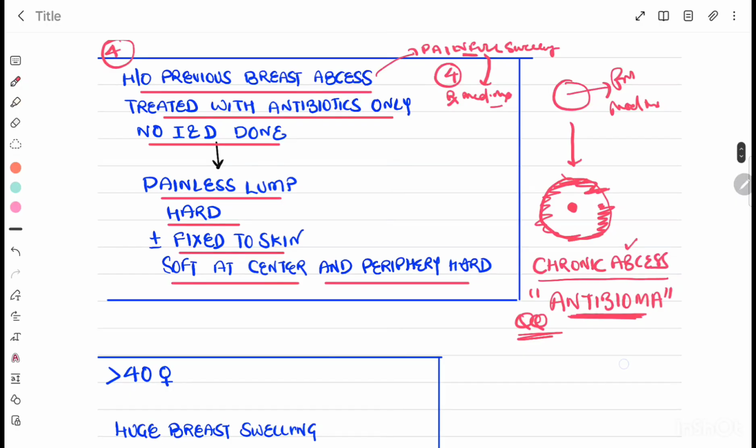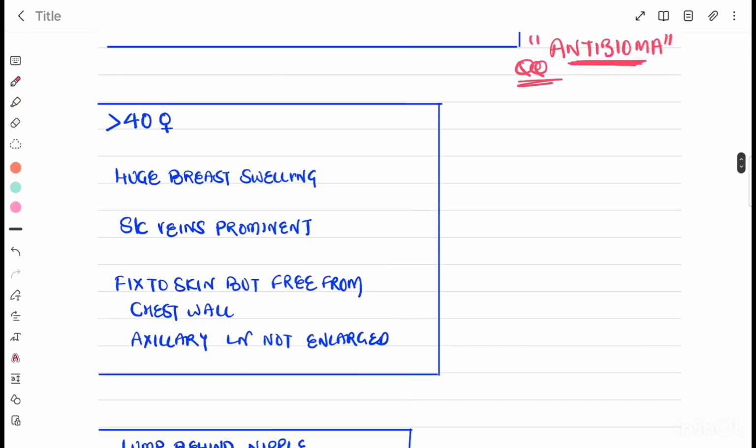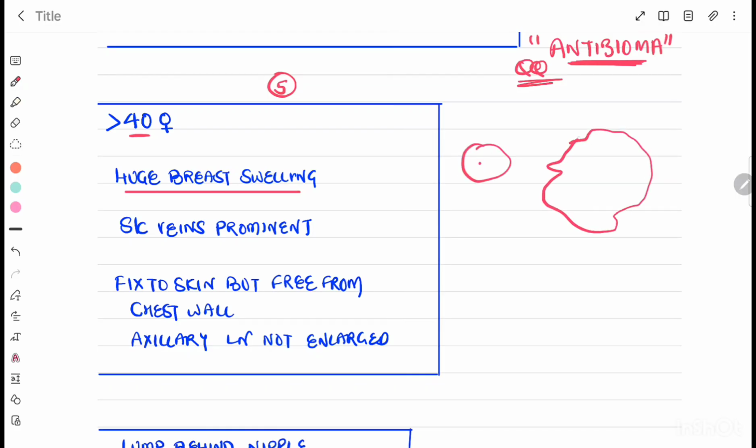Now we are going to move to the fifth case. Here the lady is middle aged, means greater than 40 years, with a huge breast swelling. There can be a huge breast swelling, like if this is a breast, there can be a large swelling like this here, and the veins over the swelling are prominent.